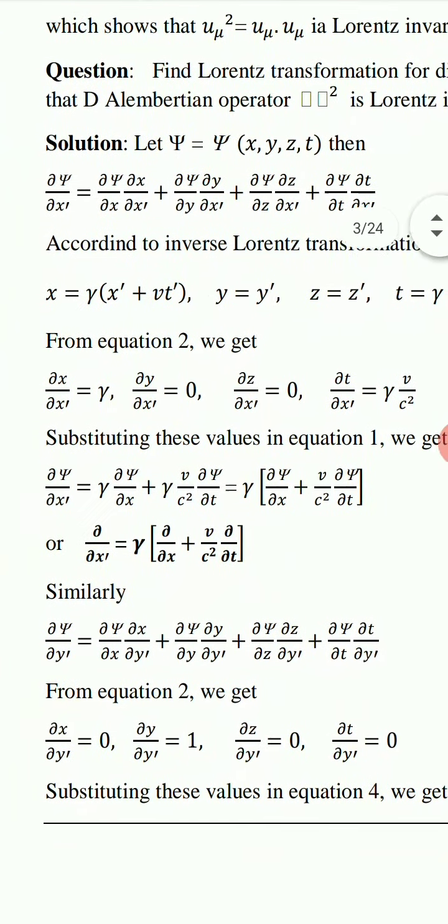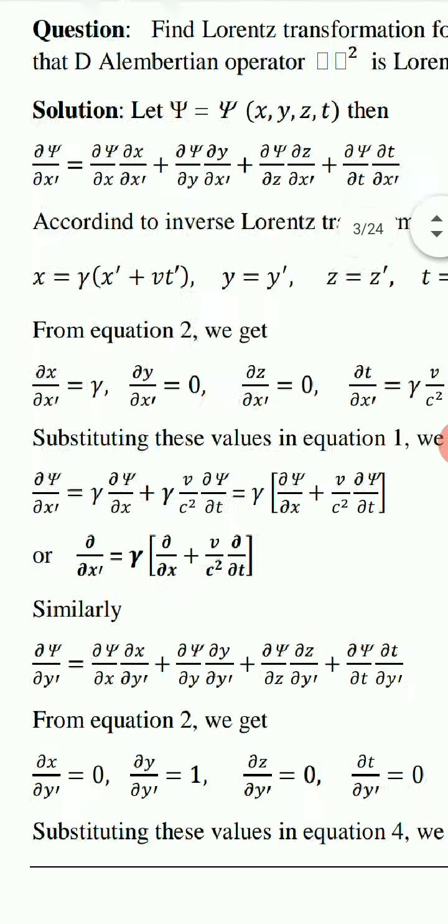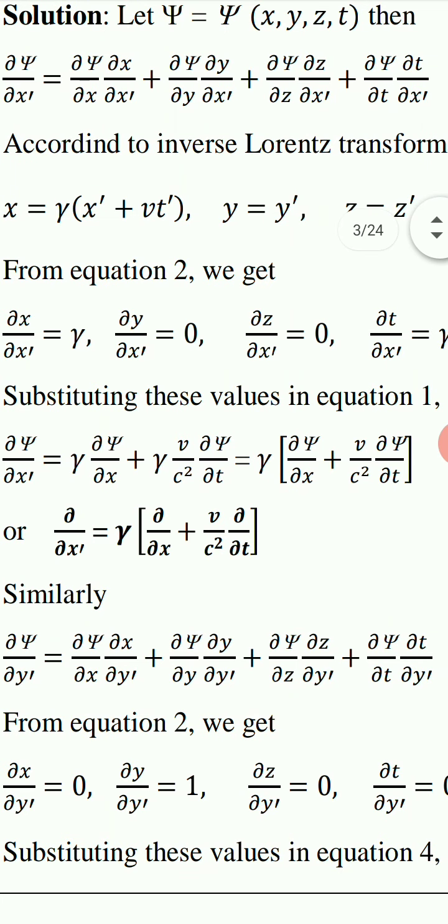Substituting these values, we find this relation: delta psi upon delta x dash equals gamma delta psi upon delta x plus gamma v upon c square delta psi upon delta t. Gamma is taken as common and we get delta psi upon delta x dash equals gamma into delta psi upon delta x plus v upon c square delta psi upon delta t.